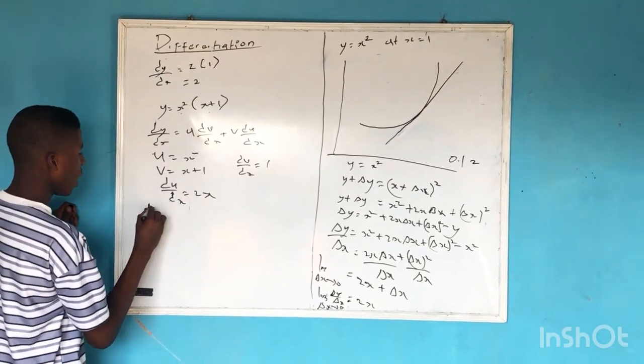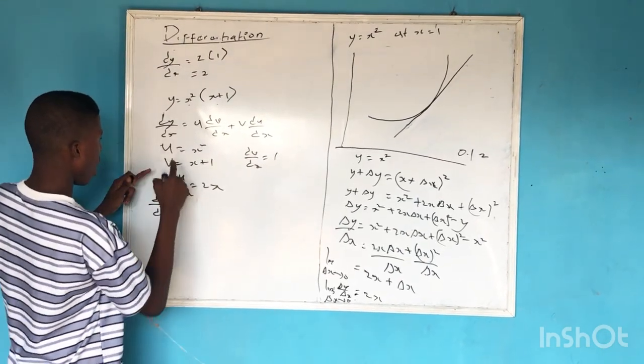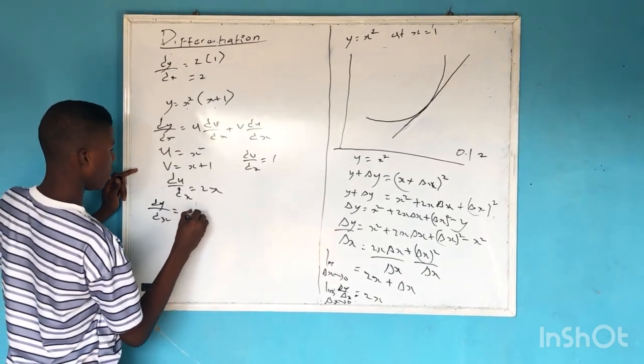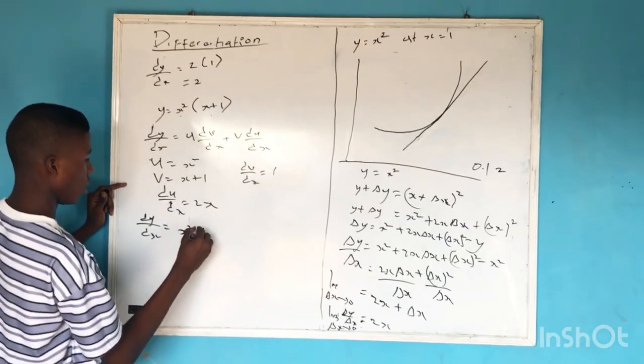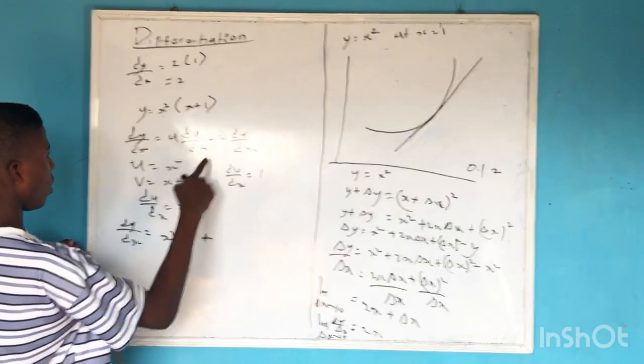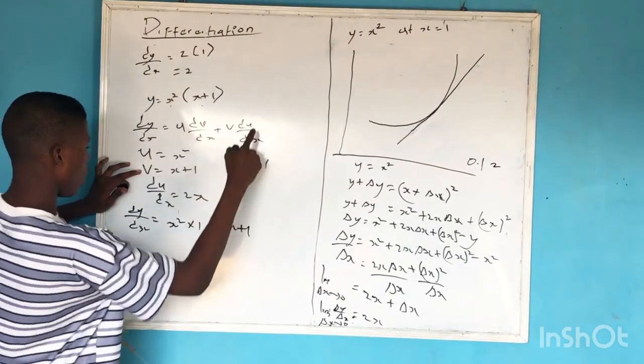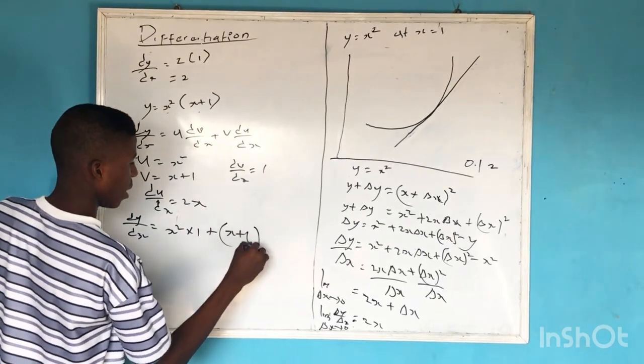Our dy dx will be u, our u is x squared, times dv dx, which is 1, plus v. My v is x plus 1, times du dx, which is 2x.